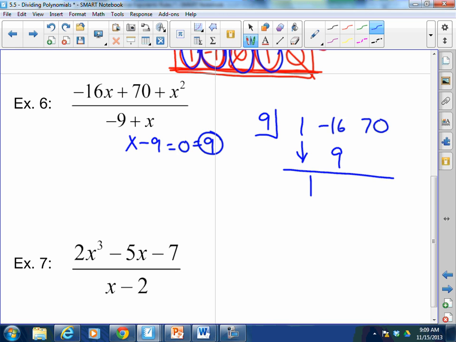Negative 16 plus 9 is negative 7. 9 times negative 7 is negative 63. 7 is left over. My leading coefficient in the original problem was x squared. So I'm going to rewrite my coefficients with 1 less exponent. So this one translates into x minus 7 plus a remainder of 7 over x minus 9.